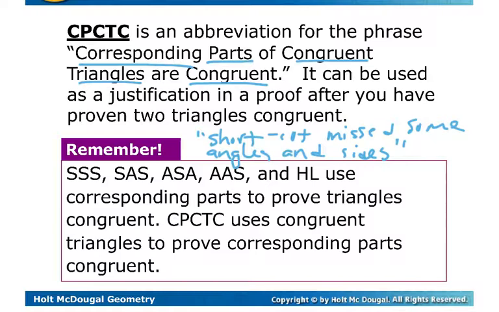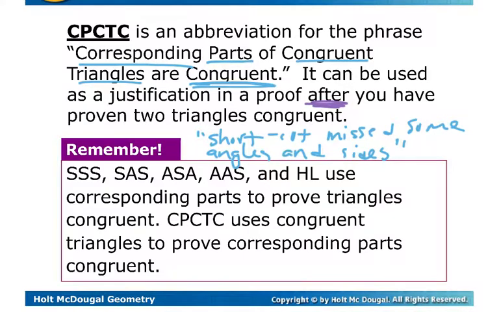So because the shortcut missed some angles and sides, now we can go back and say, hey, we took that shortcut, and so it turns out the rest of those angles and sides are congruent as well. So again, it's a justification and a proof after you have proven two triangles are congruent.